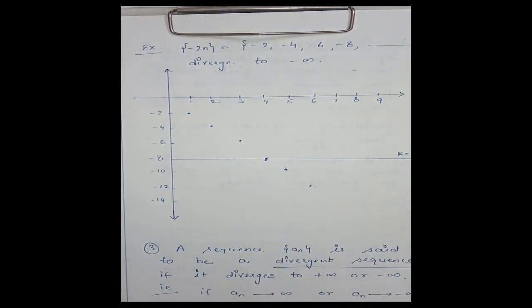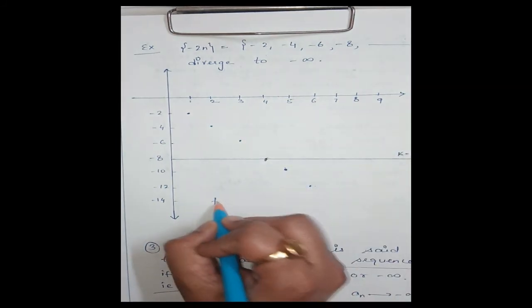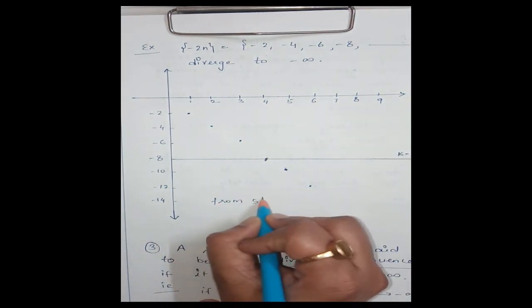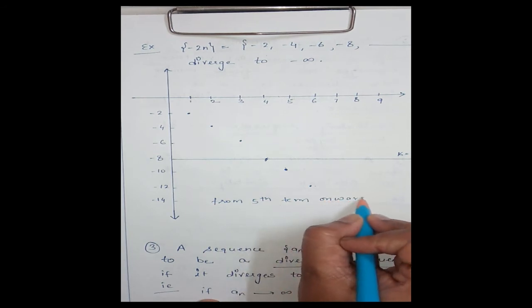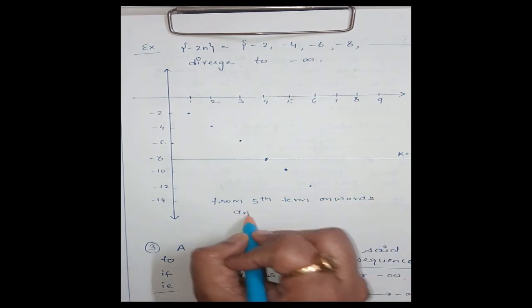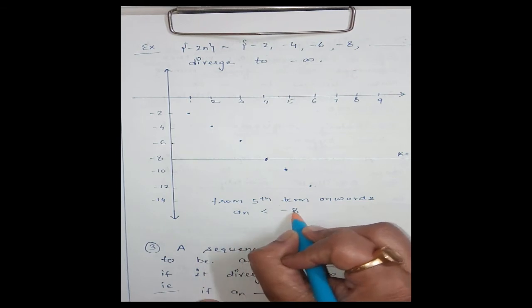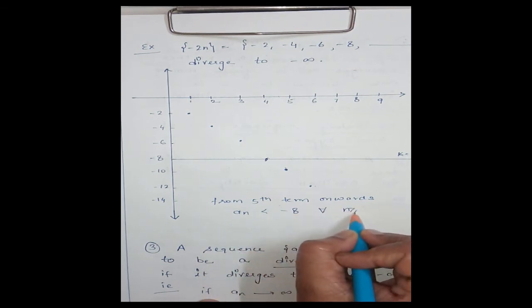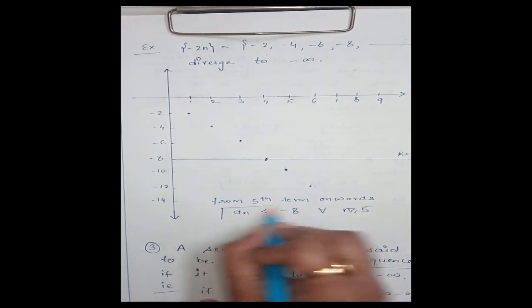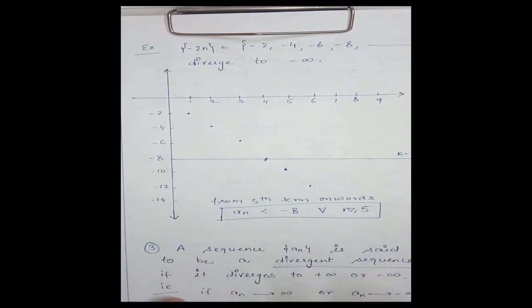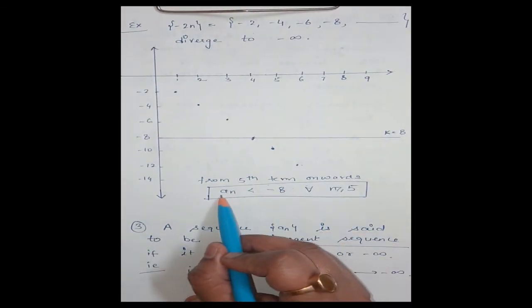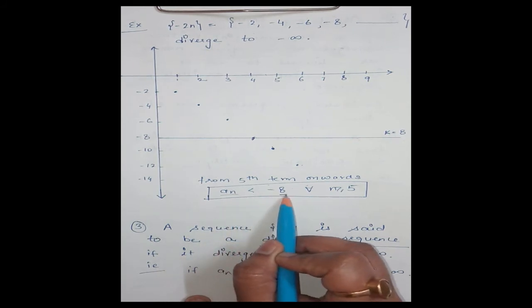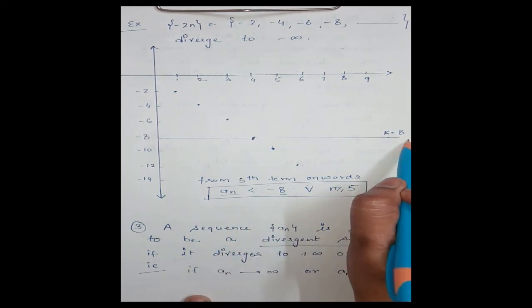So I can say from the fifth term onwards, an is less than minus 8, for all n greater than or equal to 5. Here m is 5. From the fifth term onwards, all terms are less than minus 8. Here we have taken k to be 8.